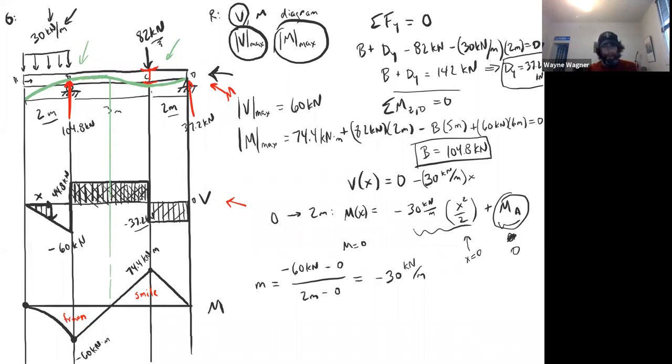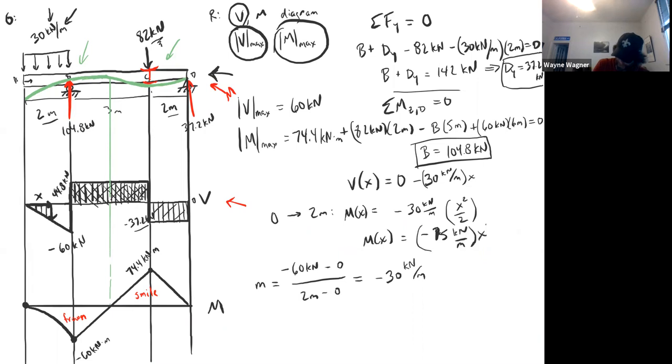So in other words, the equation for this line right here is M as a function of x equals negative 15 kilonewtons per meter times x squared. And notice this is a parabola, and that's the shape we have here.